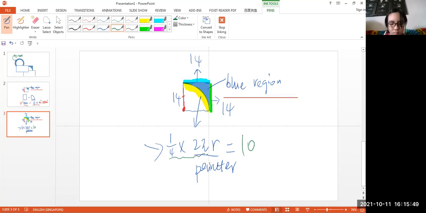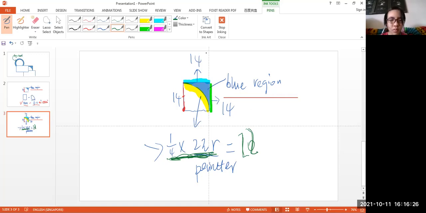I mean this 1/4 times 2 pi r is 10. Do it one by one. Give me this first. Nearest whole number, 22. Okay, this one is 22, right? Then you add them up.